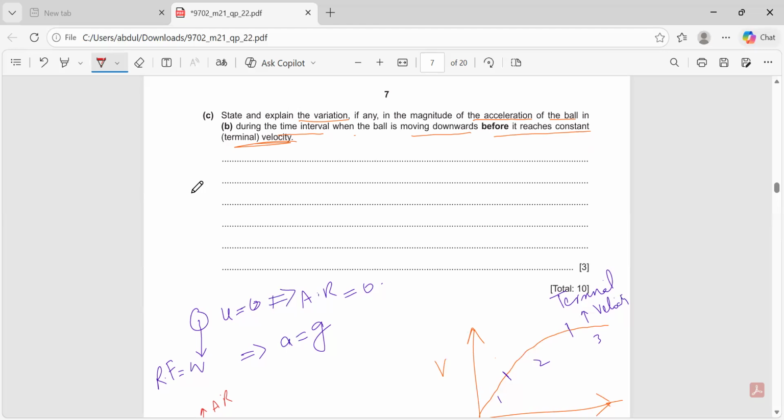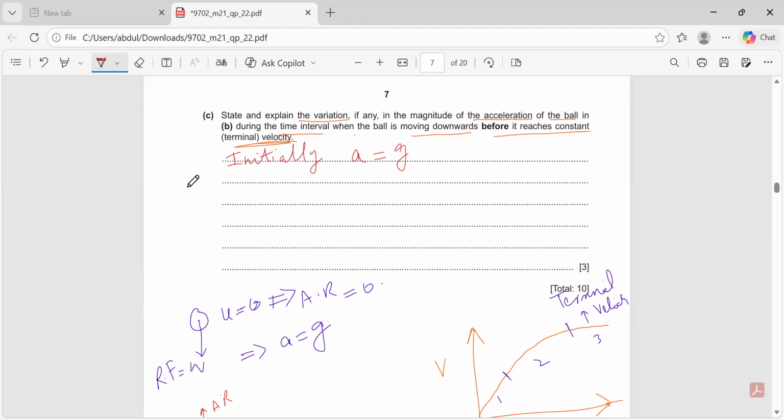Now 3 marks are there. First of all, I think we should talk about the three valid points. My dear friends, I will say, explain, state well, the magnitude of acceleration. They didn't talk about the forces, okay? So what I will say is that initially, my dear sons, a is equal to g.